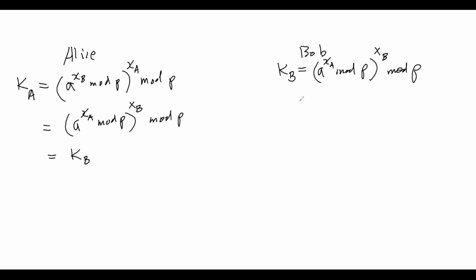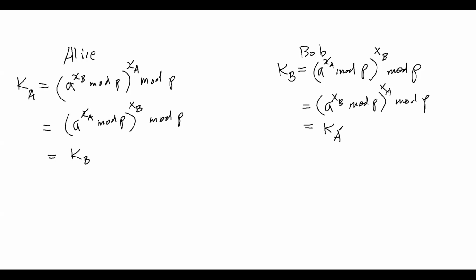Likewise, we can show this because exponentiation is commutative, or exchangeable. Okay, so that's how they reach an agreement of a secret key.